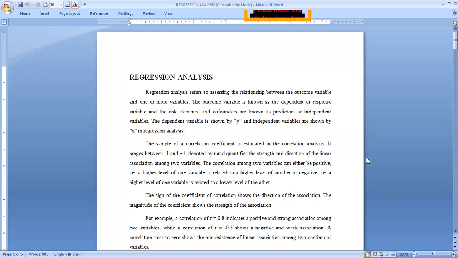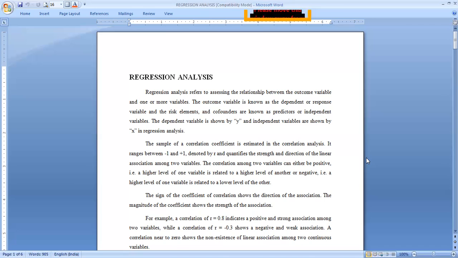The sign of the coefficient of correlation shows the direction of the association. The magnitude of the coefficient shows the strength of association. For example, a correlation of R equal to 0.8 indicates a positive and strong association among two variables, while a correlation of R equal to -0.3 shows a negative and weak association.